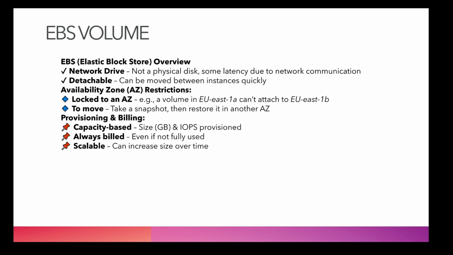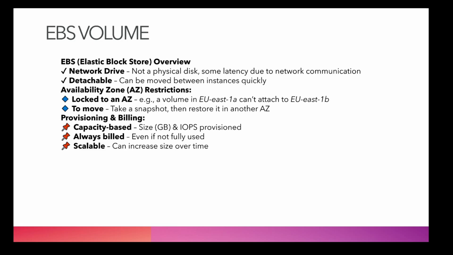This helps dictate the performance characteristics of your Elastic Block Store, EBS volume. You will incur a charge for this provisioned capacity, but keep in mind that you have the flexibility to increase this capacity over time. This is particularly useful if you expect a need for enhanced performance or larger storage.